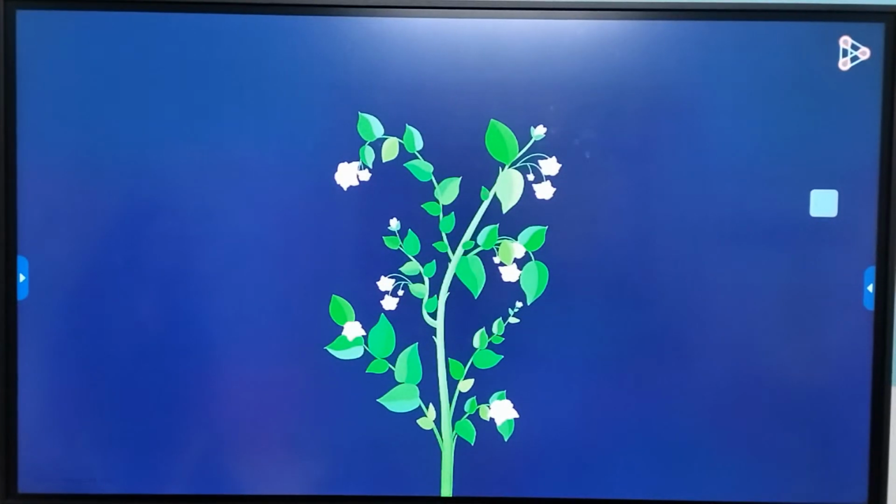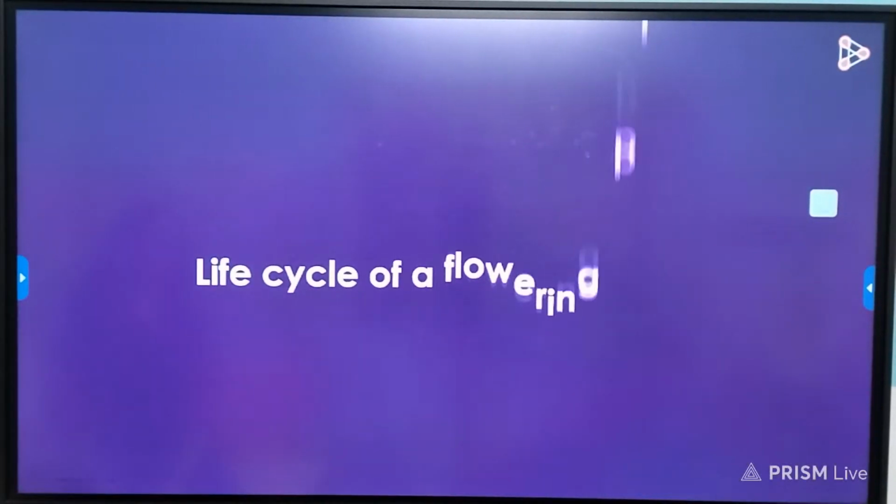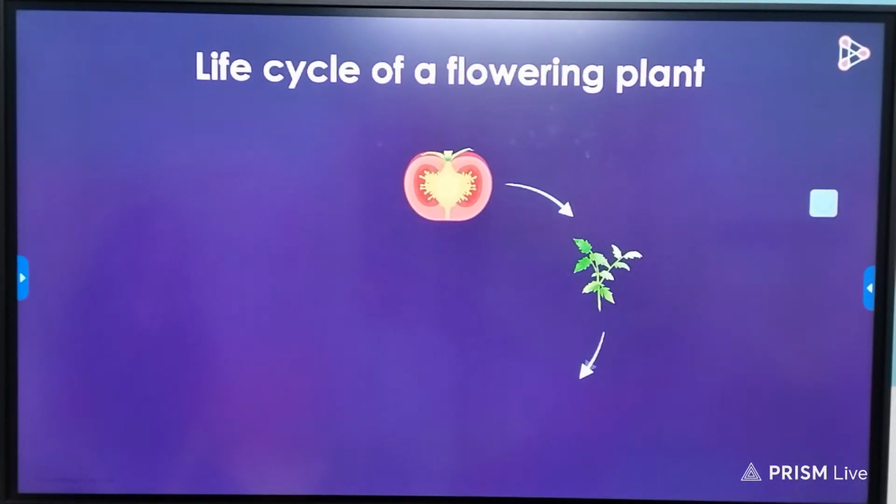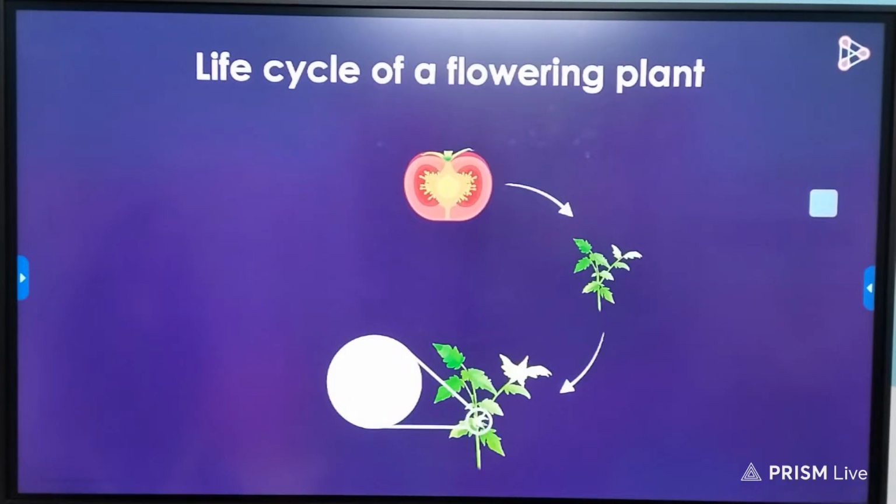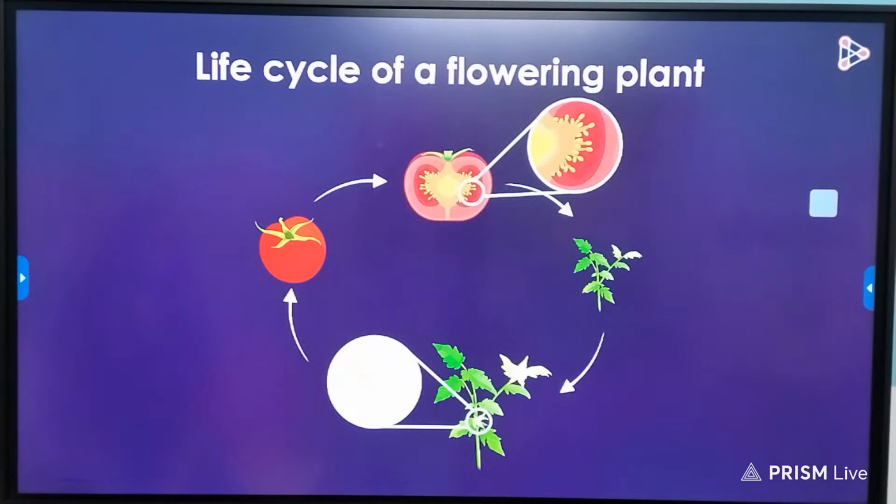This is how the cycle continues. A single seed that gives us a plant, which on flowering will undergo pollination and give us a fruit. The fruit contains seeds that hold new life in itself. When planted in soil and during favorable conditions, the seed germinates and a new plant is formed. That's how the plant life cycle goes on.